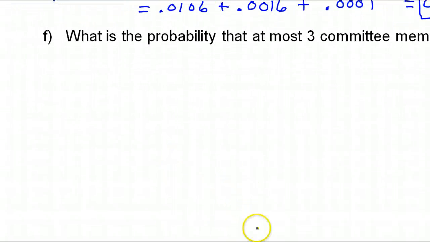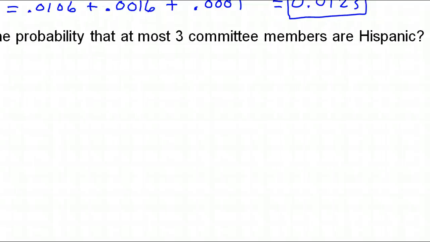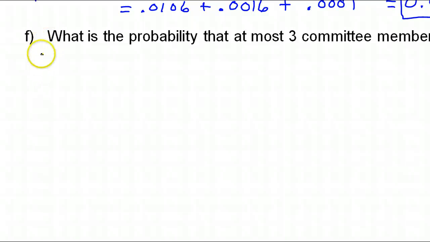What is the probability that at most 3 committee members are Hispanic? So at most 3, what does that mean, guys? That means x would have to be less than or equal to 3. At most 3. That's 3 or less.